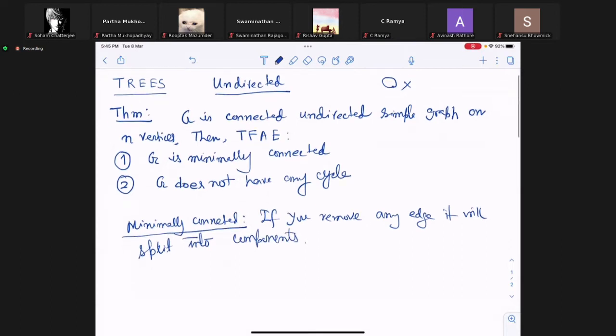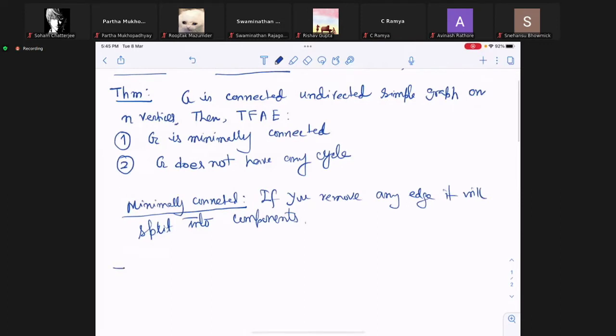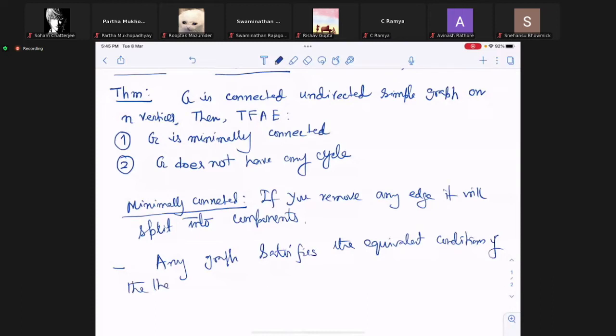And this is the definition of minimally connected. And any graph that satisfies the equivalent conditions of the theorem is a tree.